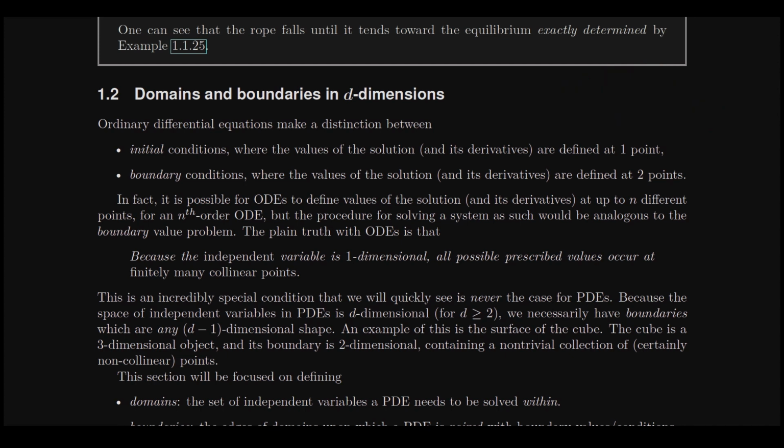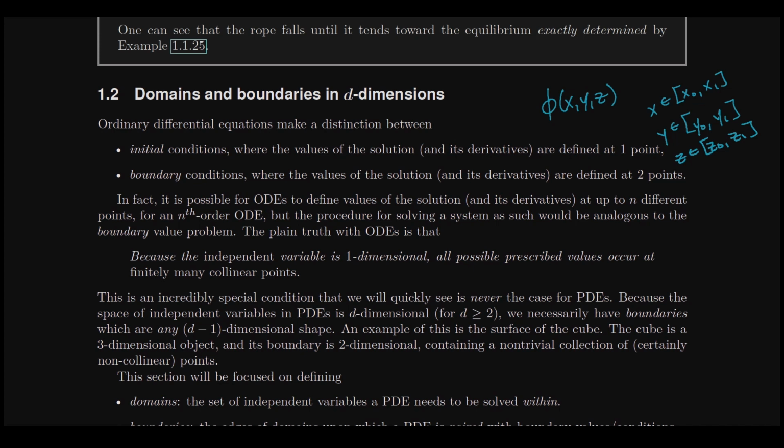In PDEs, things get a lot trickier because if I have some function, let's say phi of x, y, and z, and I allow x to be in some interval, I allow y to be in another interval, and I allow z to be in yet another interval.